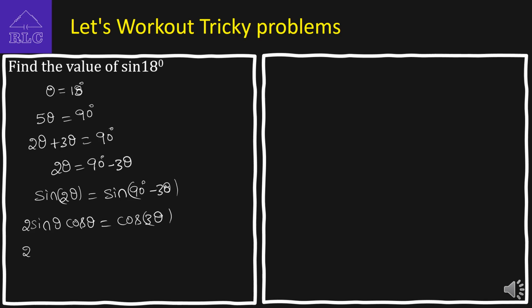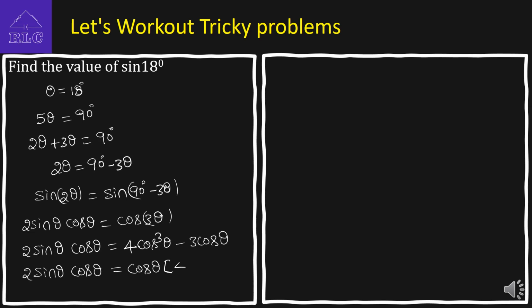So 2 sine theta cos theta can be expressed as cos 3 theta, which is 4 cos cube theta minus 3 cos theta. Now if you take cos theta common, 2 sin theta cos theta is equal to cos theta times 4 cos square theta minus 3. One cos theta gets cancelled. 2 sin theta is equal to 4 cos square theta minus 3.